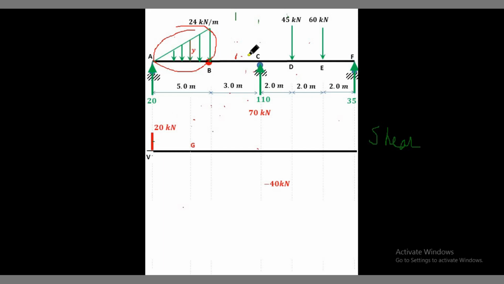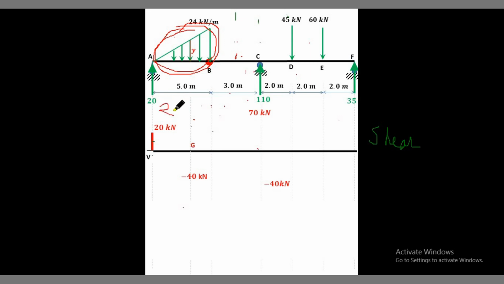Paki-type na lang sa chat box. 20 minus the area of that triangle from A to B. The area of that triangle is 1/2 of 24 times 5, 60.